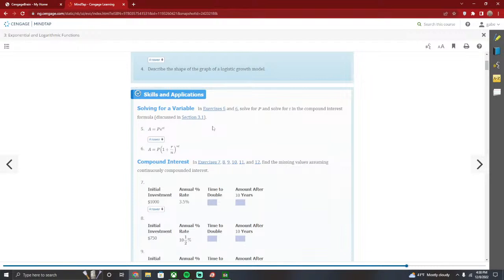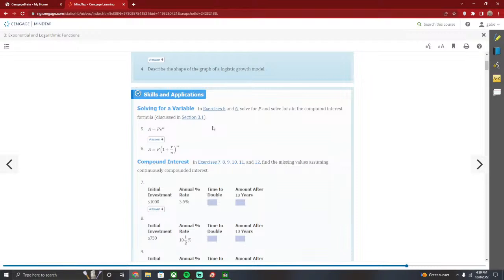Something I learned in the last chapter or something like that. And then you want to subtract ln P from both sides, and that's going to get you ln A over P equals RT.